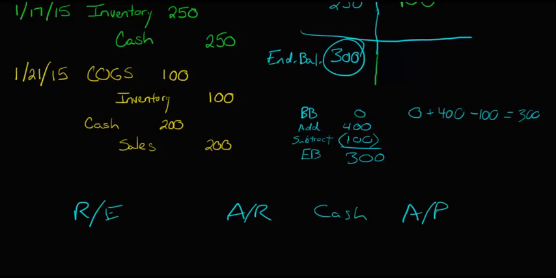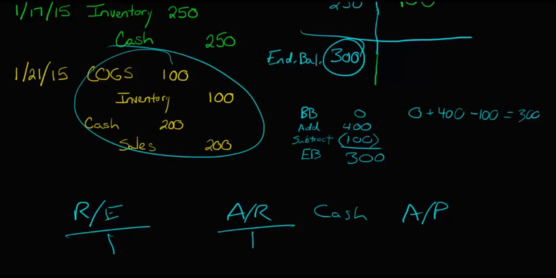All these accounts we're going to talk about, but they can all have their own T accounts, and you can take what happened in the journal entries and translate that to the T account, so you can keep a running tally and see what the total is in the account at any particular point in time.